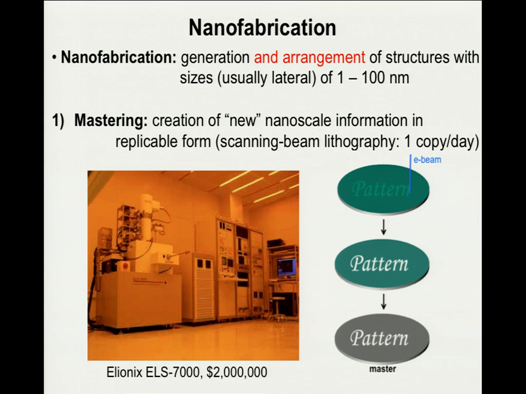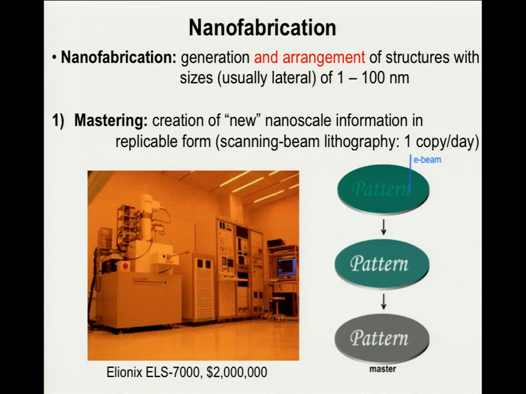So a scanning electron microscope rasters an electron beam around and then detects the secondary electrons that are scattered off the sample, and that's translated into an image. An electron beam writer is the same thing, except it's using the beam not to image, but actually to etch patterns in an electron beam sensitive polymer material.